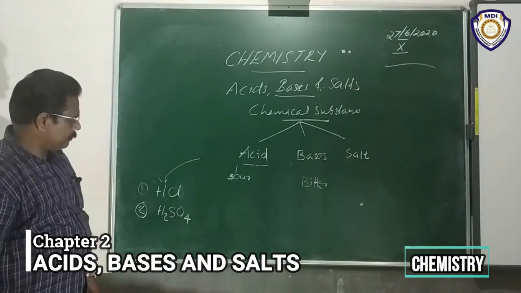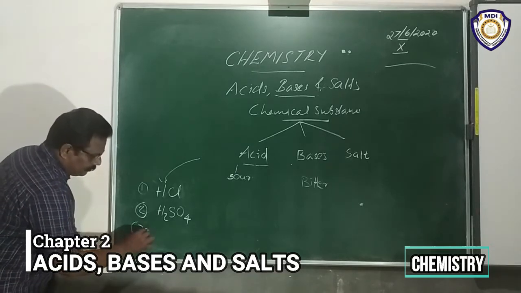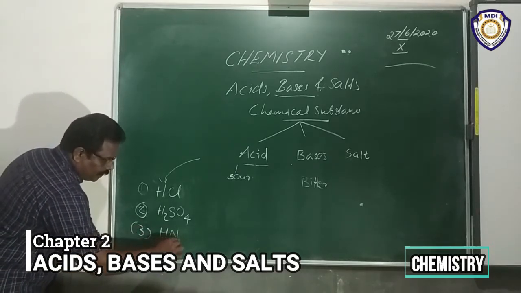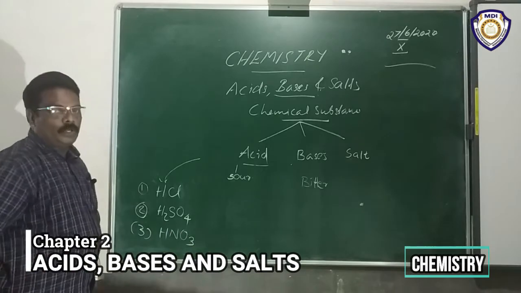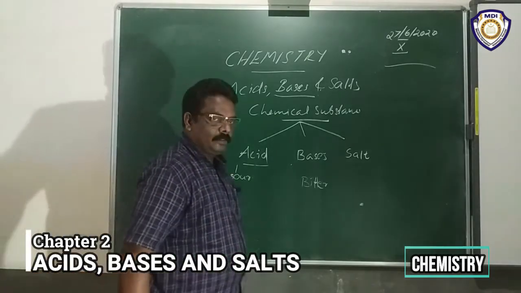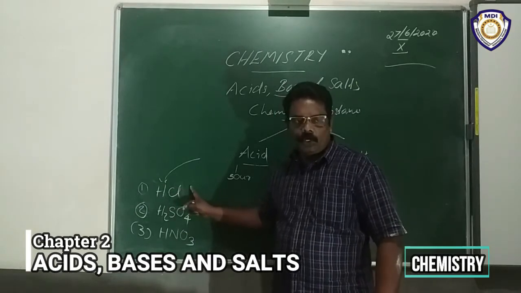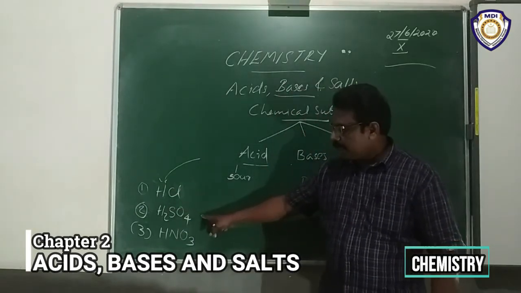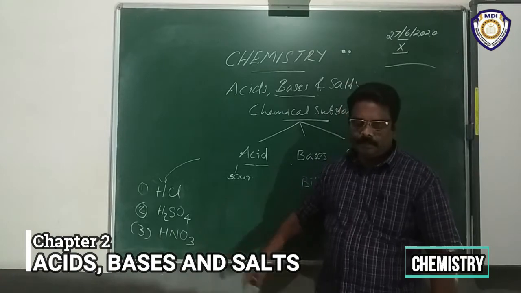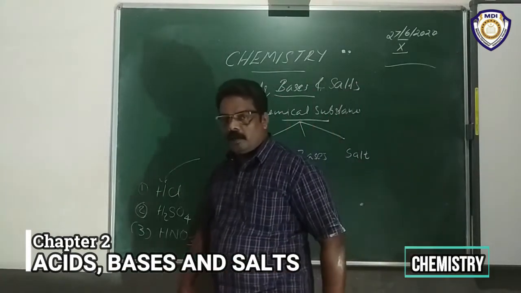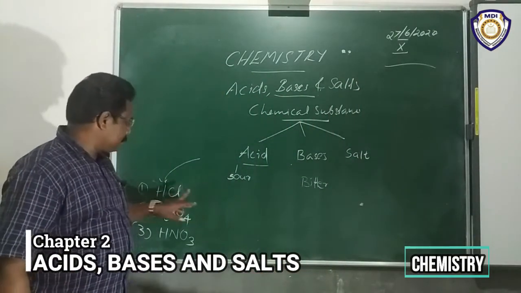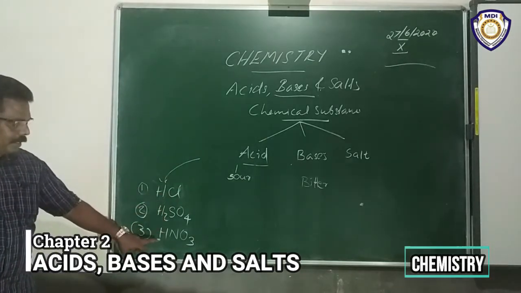Then third one, nitric acid, HNO3. So these are the examples for general acids: hydrochloric acid, sulfuric acid and nitric acid. Now take 1 minute to study the chemical formulas of these acids: HCl, H2SO4 and HNO3.